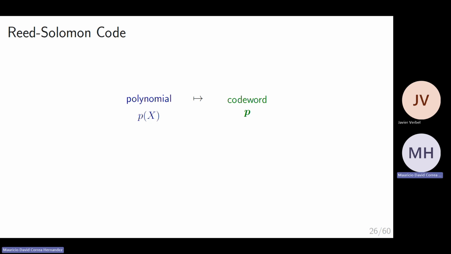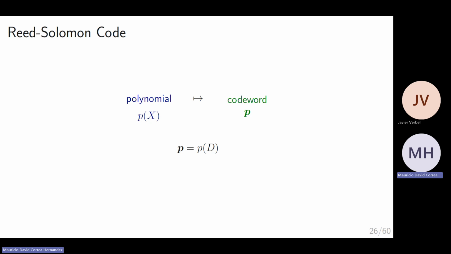Sorry, I got a bit confused. You haven't yet been 100% explicit about what the code word looks like if you know the polynomial. Correct. That's what the next section is about.